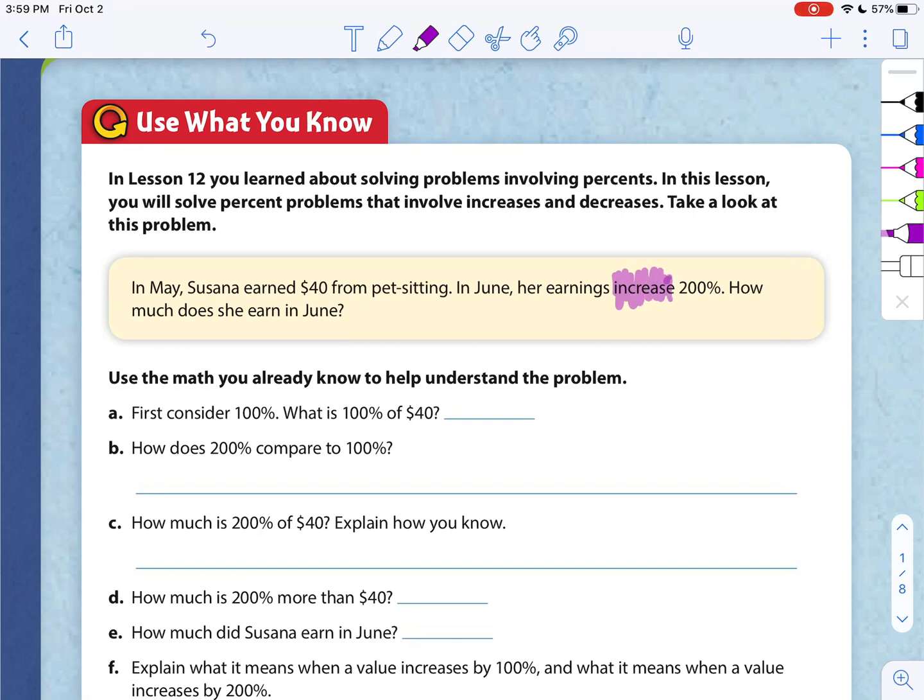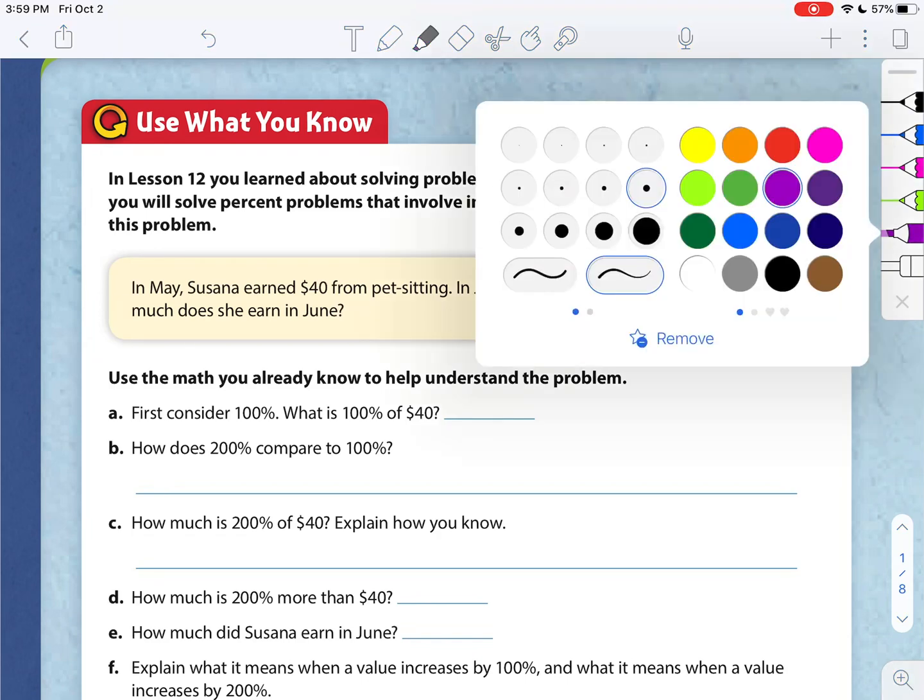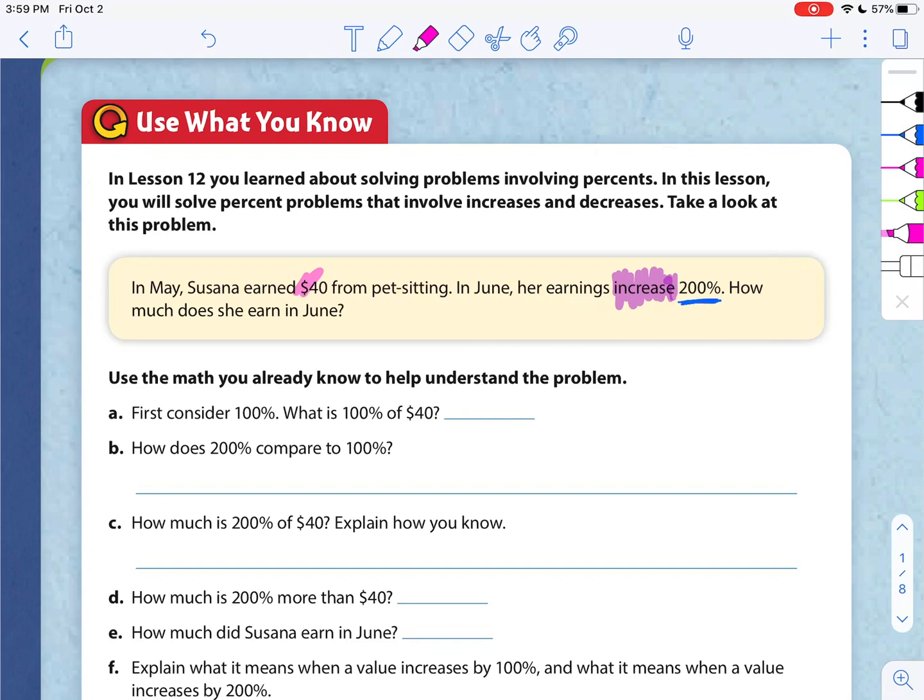So we know that what she earned in June would be more than $40, but we want to know specifically how much that would be. And we know that it's 200% more, but we want that dollar amount. So we can use what we know about the $40 from May and the 200% increase to calculate how much she earned in June. Let's answer some questions to help us investigate this problem.